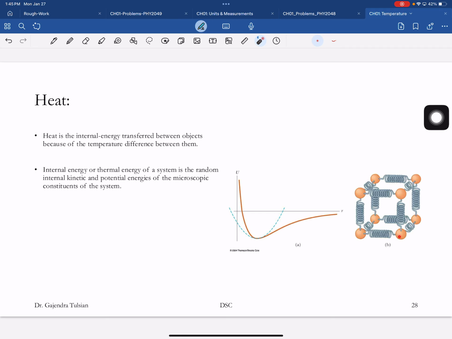All right, so here's a model of a solid. Atoms are in fixed positions, and at any given temperature, they have kinetic energy and potential energy.